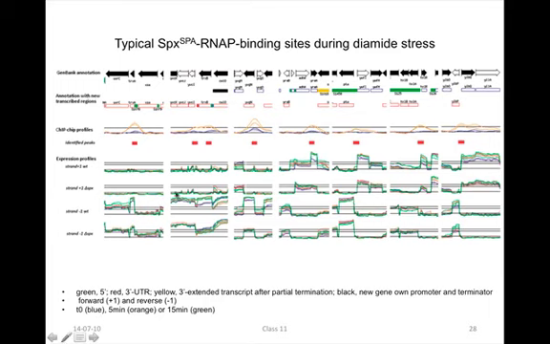The bottom is RNA-seq. And this middle part is chip-chip profiles. So they've also done an identification of where the transcription factor SPX binds to the chromosome. So they've done the chip-chip experiment as well as RNA-seq in this paper.